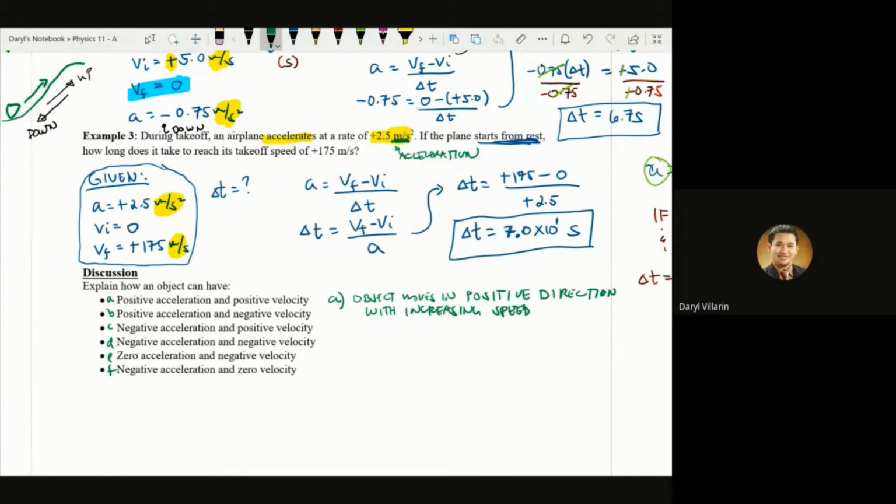That's what happens there. Then you have a positive acceleration and negative velocity. So in this case, the object moves in negative direction. So it could be south or east or west. Okay. So negative direction.